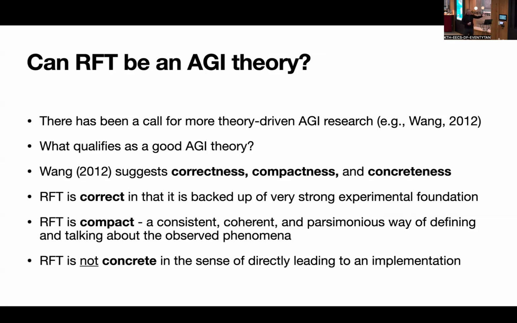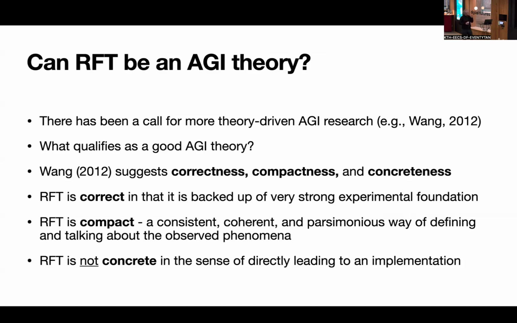So relational frame theory is correct in the sense that there are hundreds of experimental studies validating it and showing it in lots of various situations. RFT and functional learning psychology is extremely compact. A very limited set of terms explain a lot.